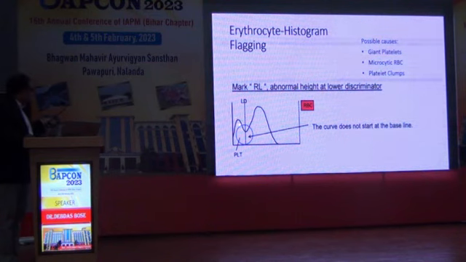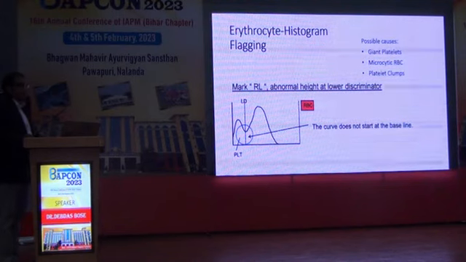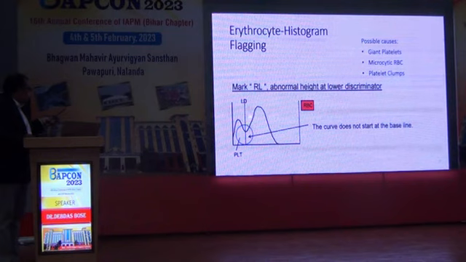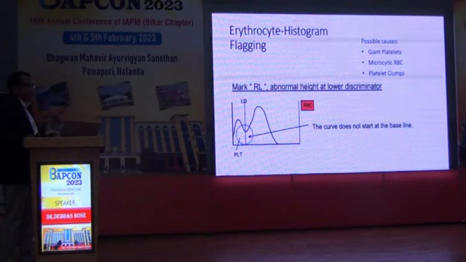So there are either giant platelets or microcytic hyperchromic RBCs, or fragmented RBCs. If there is a much greater presence of schistocytes or microcytic cells, we may get this type of curve. Okay.